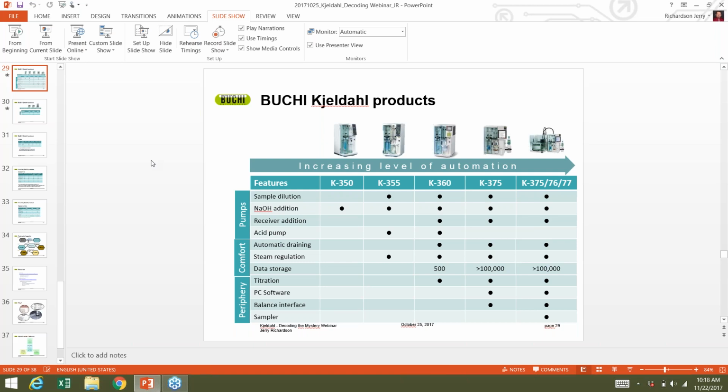So if you're running a rack of 20 and you're running the distillation unit, basically speaking, the digestion should be able to keep up with the distillation, depending on how quickly you do sample prep and how quickly it goes back on. The common digestion time is 90 minutes plus about a 20 to 30 minute cool down for the block digester.